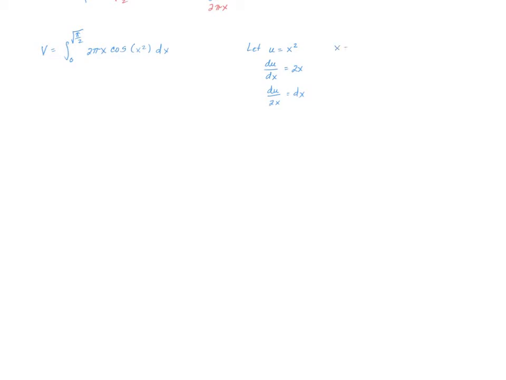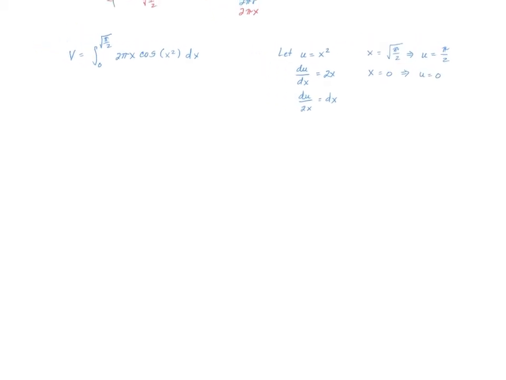If x is equal to the square root of pi over 2, that means u, which is simply x squared, will be pi over 2. If x is equal to 0, then u is equal to 0. So let's do our substitution.